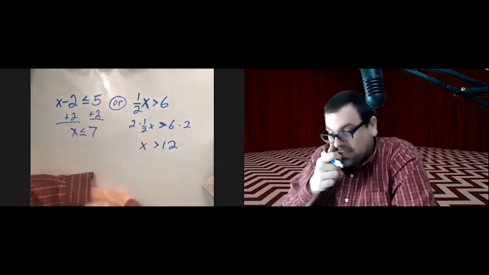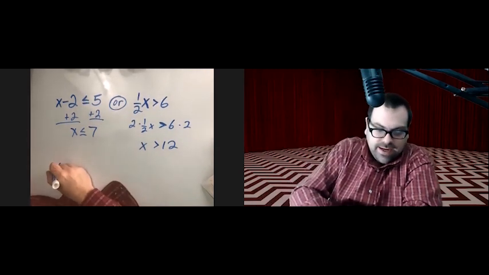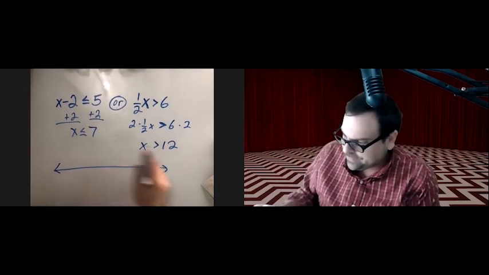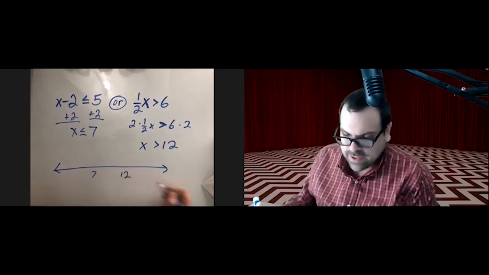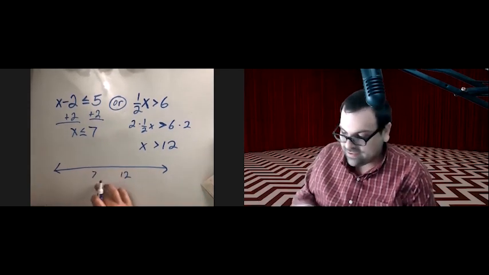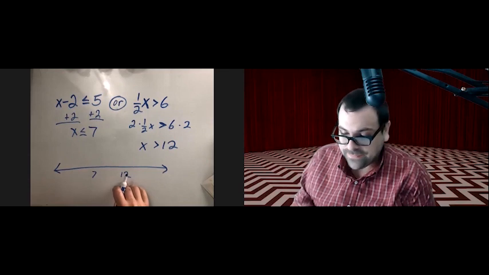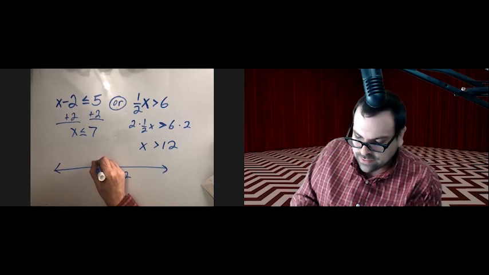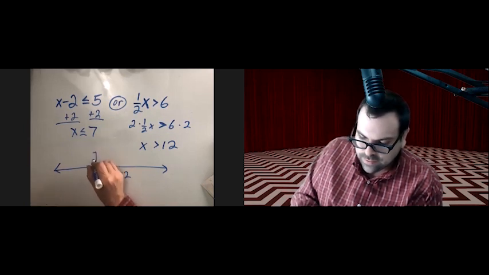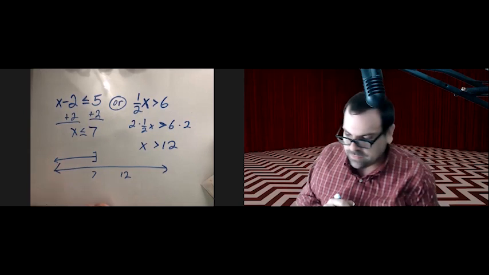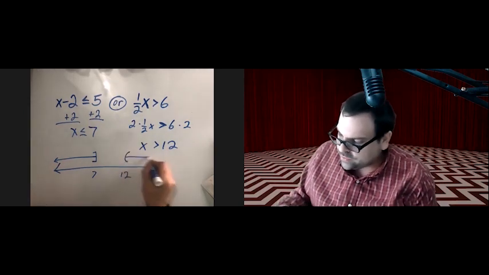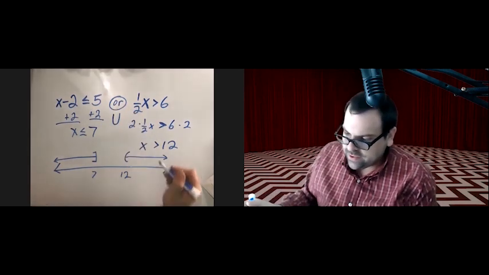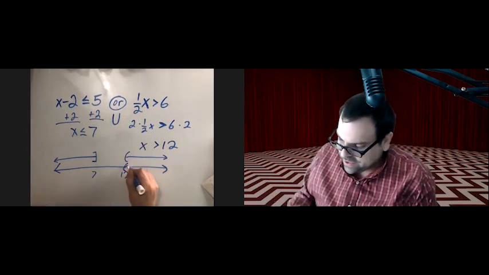The or statement is going to take our two individual lines. If we had 7 and 12 on the number line, less than or equal to 7 would be that. Greater than 12 would be that. Or is a union. That's both of them together.